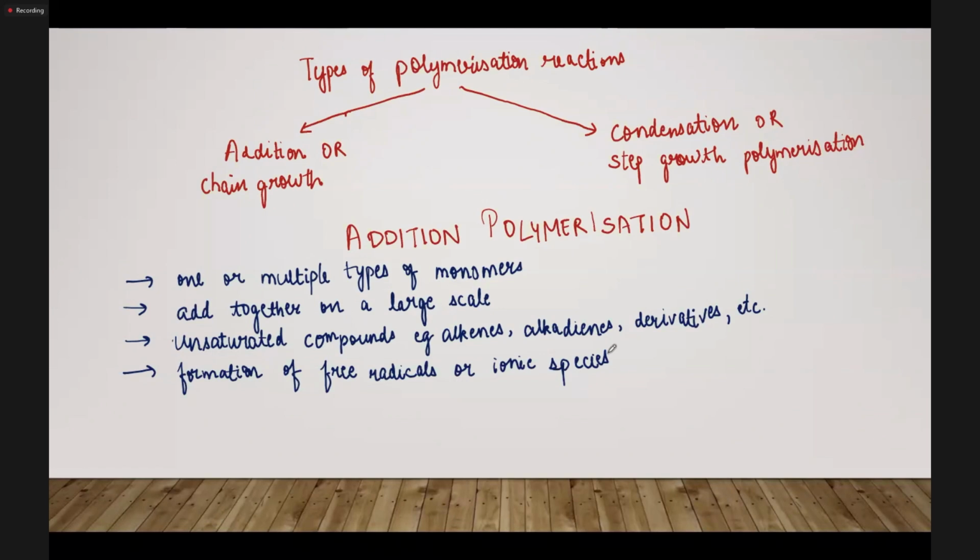So we will be only discussing the free radical mechanism in this chapter, and not the ionic species wala mechanism. So these were some important points related to the addition polymerization. Now we will simply move on to the free radical mechanism.